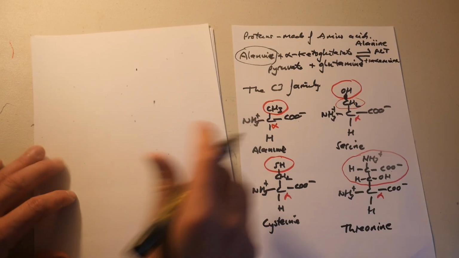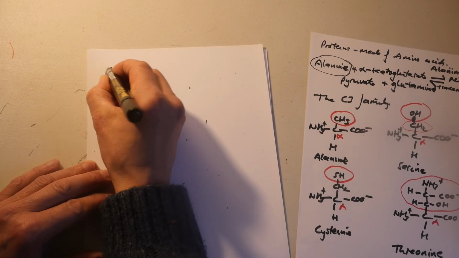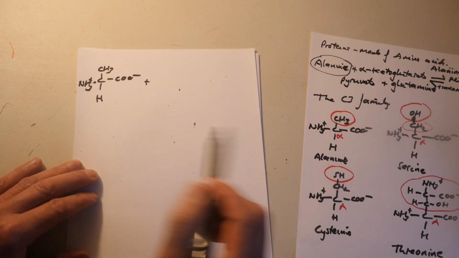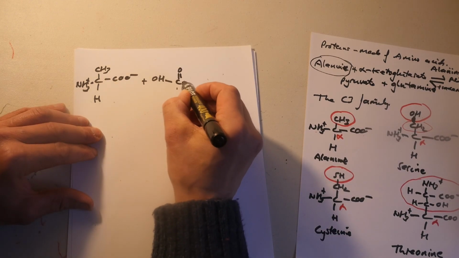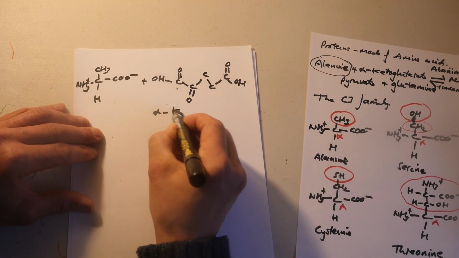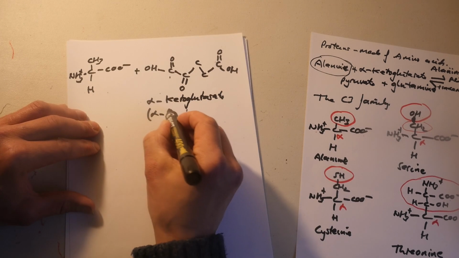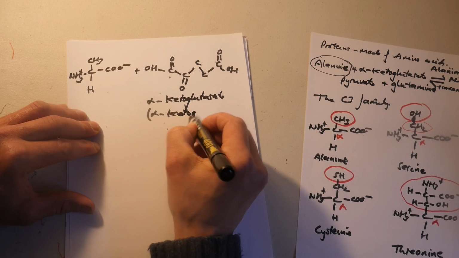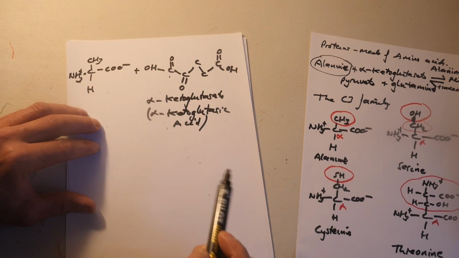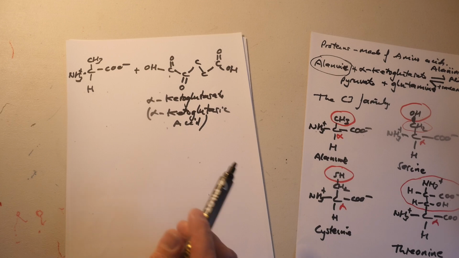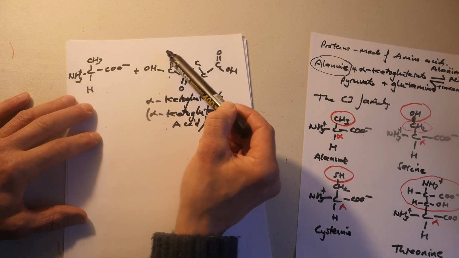So you've got alanine plus alpha ketoglutarate, which is also called alpha ketoglutaric acid. You have carboxylic acid groups at both ends actually.